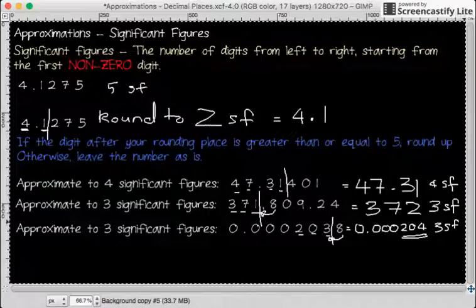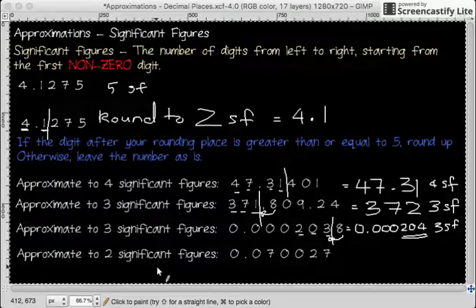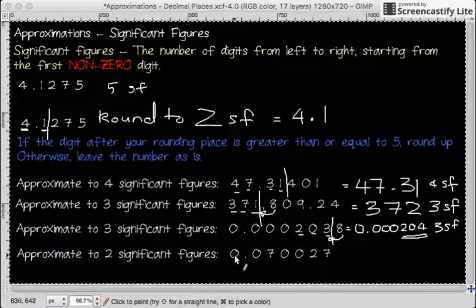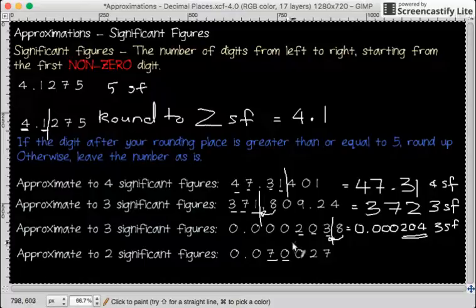We're going to try one more example, and we're going to look at getting two significant figures, and we're going to look at the number 0.070027. So what do you think you're going to start counting? Start from the left again, and let's see. That's a 0, so that doesn't count. That's a 0, so that doesn't count. So we have to start here at the 7. So 1 significant figure, 2 significant figures, and then we do the cutoff there again.